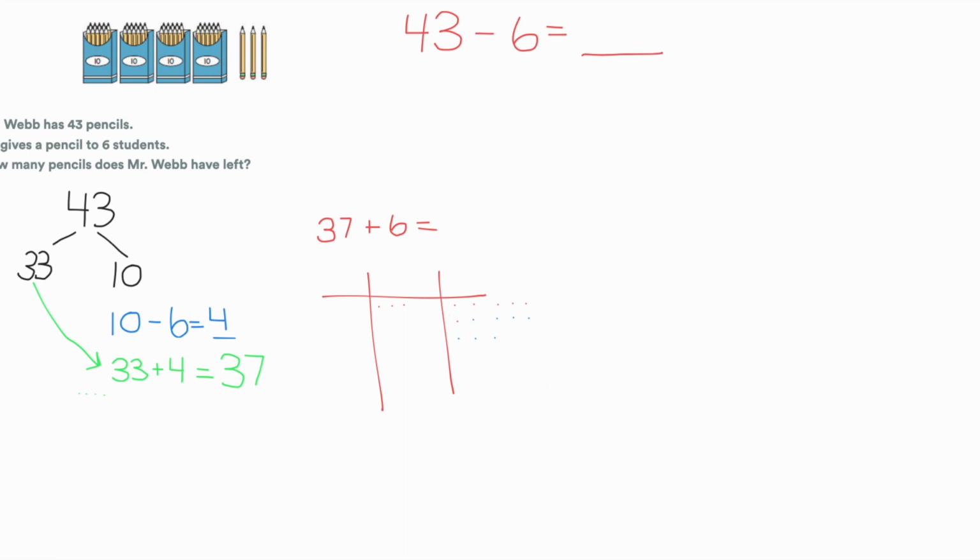Look, I made a 10. So to make this easier to count, I'm going to just bring that over. All right, so now I have, okay, 4 tens, 3 ones. All right, yeah, I feel really confident that I was correct. So 43 minus 6 is 37. I did it.